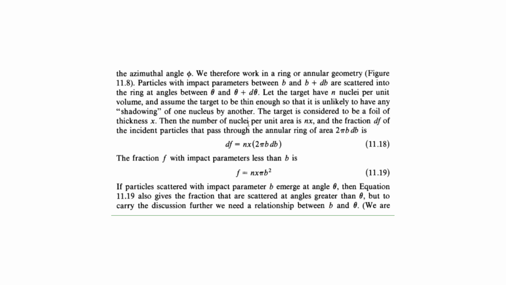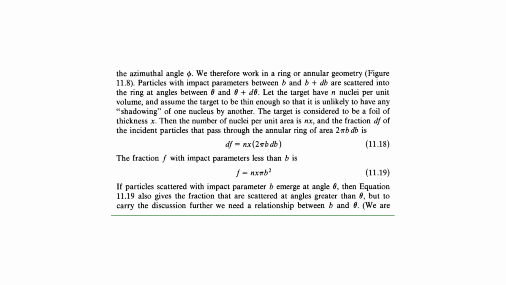So the number of nuclei per unit area would be nx. And the fraction of incident particles df that pass through the annular ring of area 2 pi b db is given by df equal to nx times 2 pi b db.